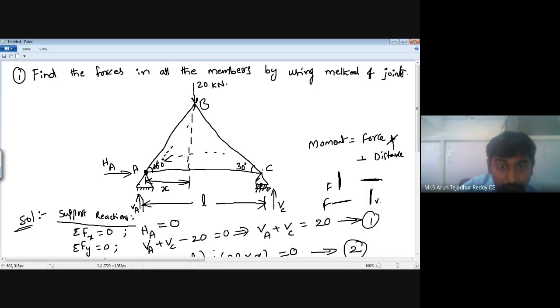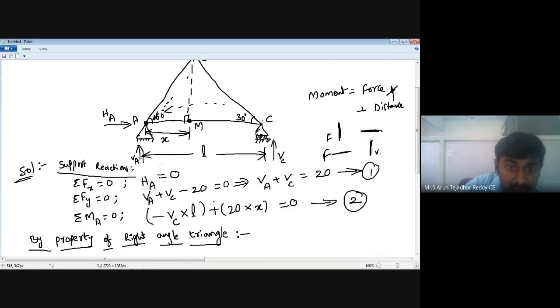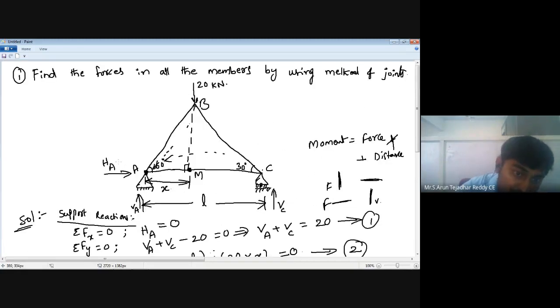See here, from B this is the straight line, and this is the right angle triangle, assume it as M. Before solving the right angle triangle ABM, first we need to calculate triangle ABC, because I need to calculate the AB distance.